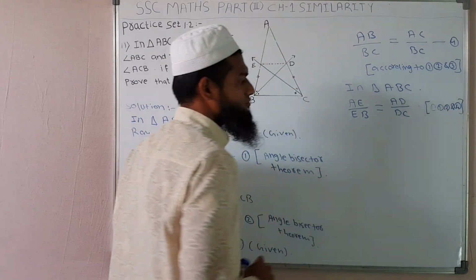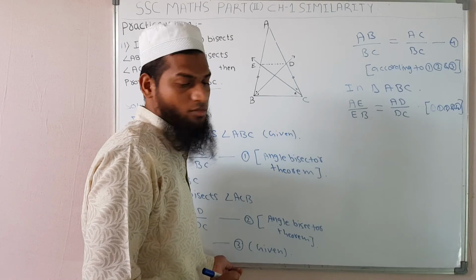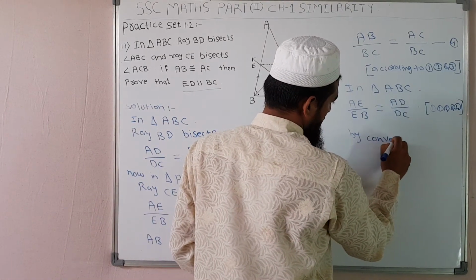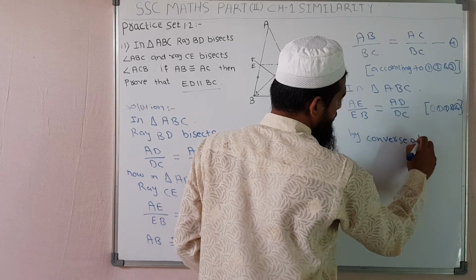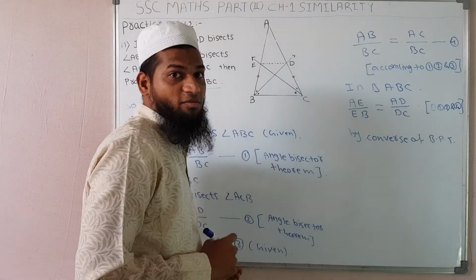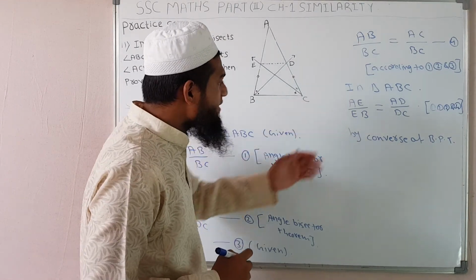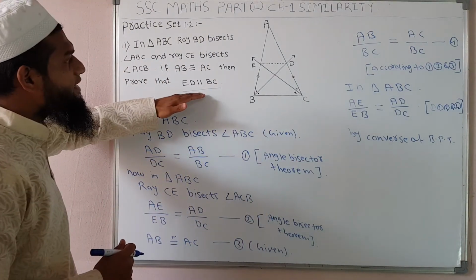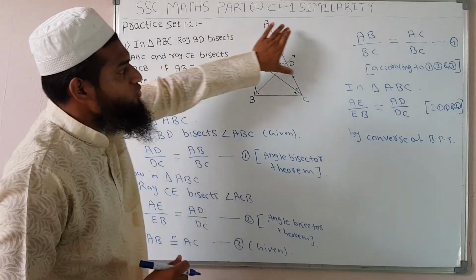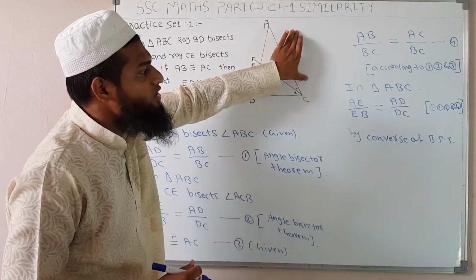Okay, so by converse of BPT, by converse of basic proportionality theorem, we can write that ED is parallel to BC because the ratio of these two sides are equal.